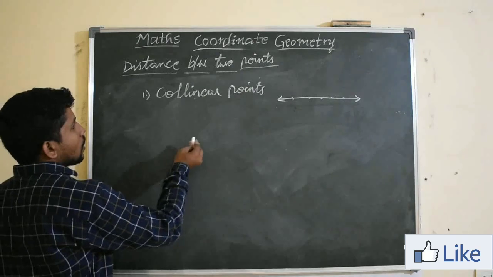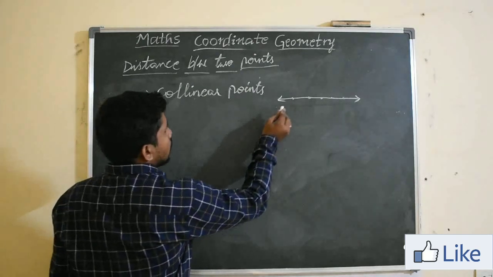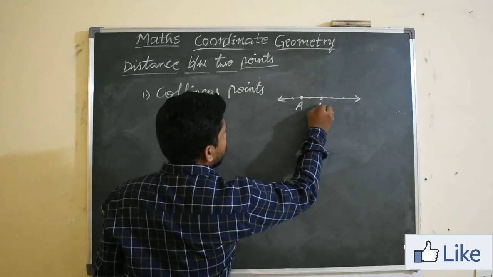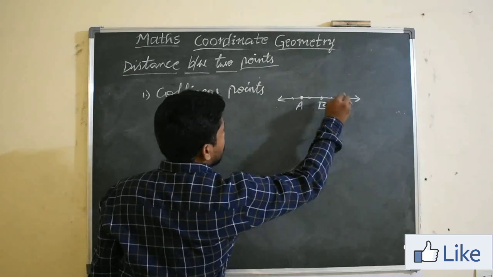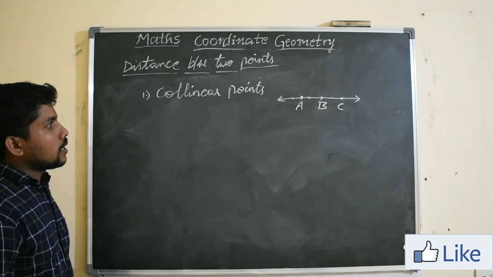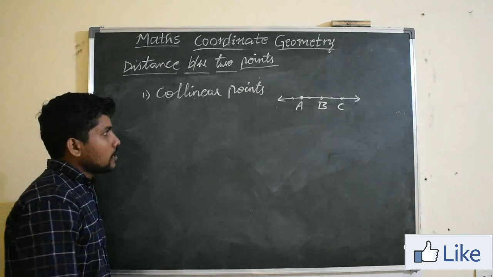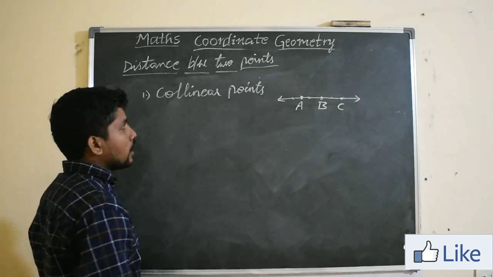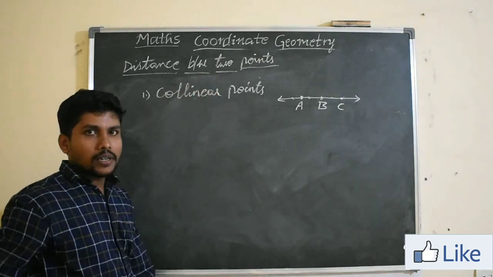Now, how do we identify whether the given 3 points are collinear or not? There are 3 points A, B, C. How do we identify using the distance between 2 points?